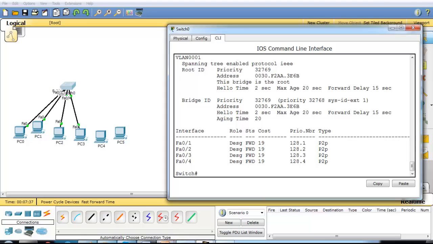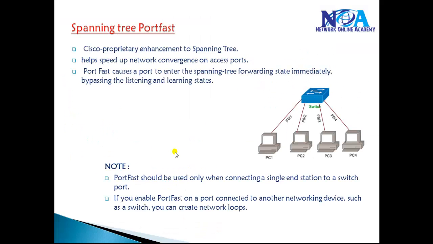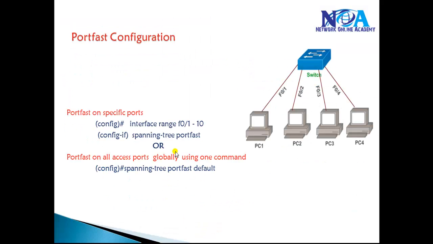It's a Cisco proprietary feature for speeding up convergence on the access ports, and it can be enabled either in interface specific mode or global configuration mode. Depending upon the requirement, you can go with either of these configurations. Both will have the same impact on the switches.